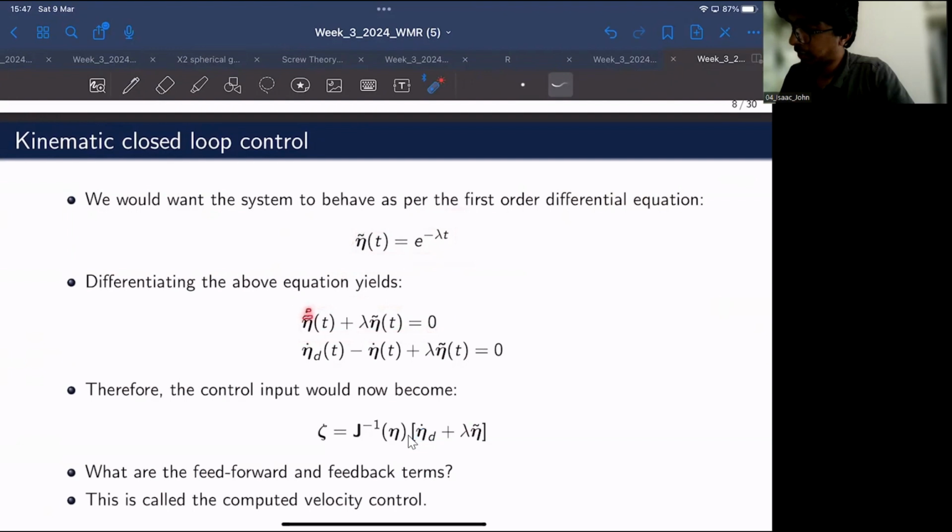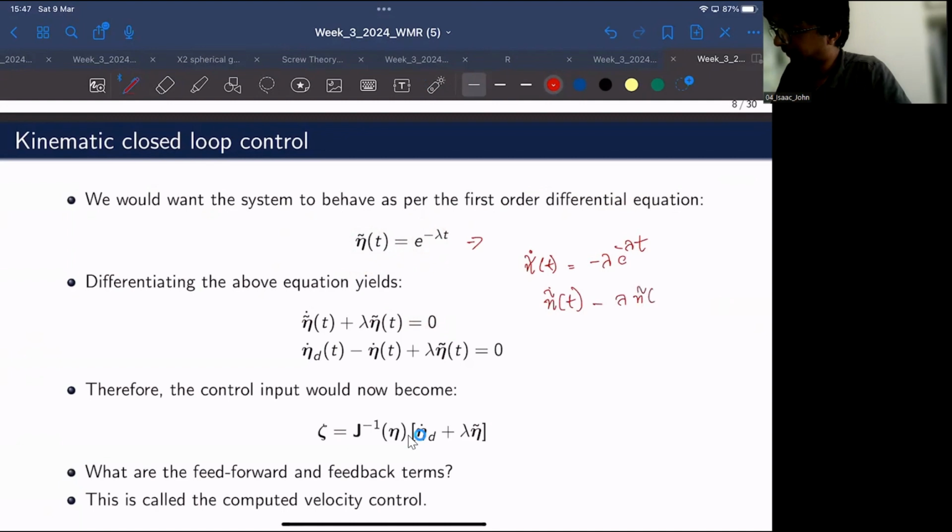Eta tilde dot plus lambda eta tilde will be zero. How do we get that? If you differentiate, this will be eta tilde dot of t. This will be equal to minus lambda e raised to minus lambda t, right? And as you can see, e raised to minus lambda t is eta tilde of t. So if I replace that, it is eta tilde dot of t equals minus lambda eta tilde of t, right?